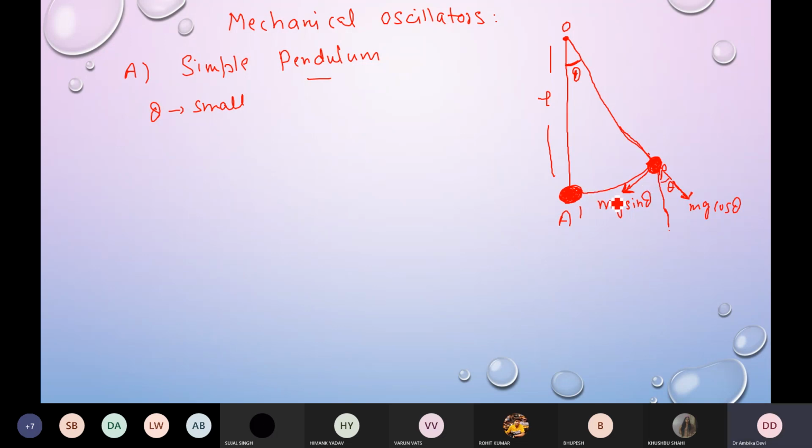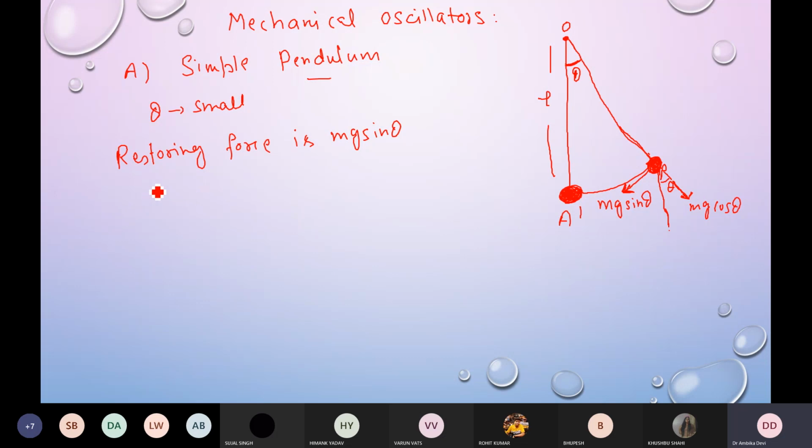Because it is trying to bring it back to the equilibrium position, this component is also known as the restoring force. So you can say that the restoring force for the system is mg sin theta.